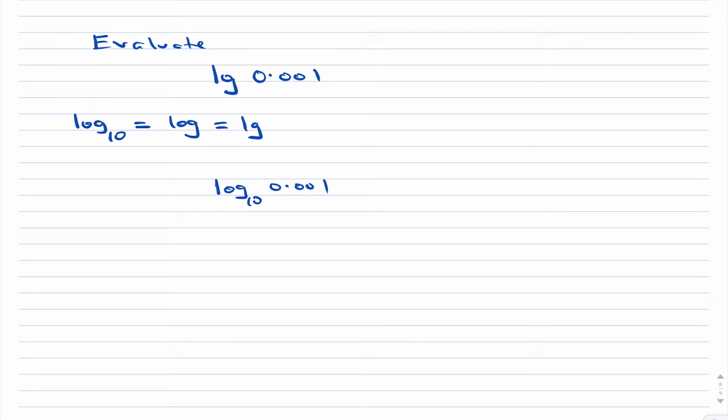But we also need to remember that 0.001 is 1 over 1000, which becomes 1 over 10 to the power 3. If we rewrite that, it becomes 10 to the power minus 3. So we can write log of 10 to the power minus 3 and equate it to x.